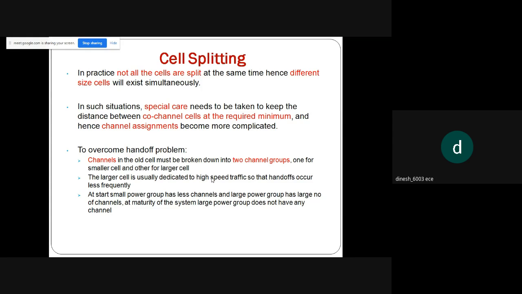So in practice, not all the cells are split at the same time. Hence different size cells will exist simultaneously. Depending upon the requirement only, the cell will be split up, so depending upon the time, the cell size will vary.